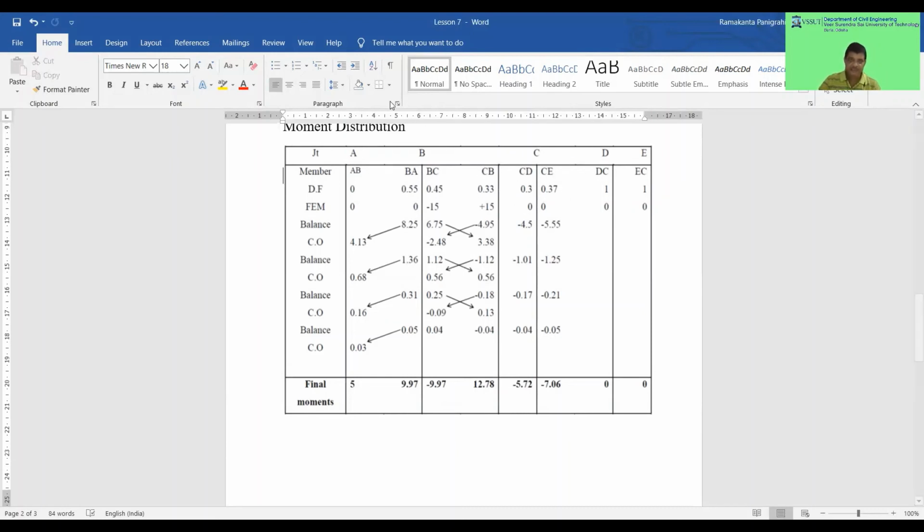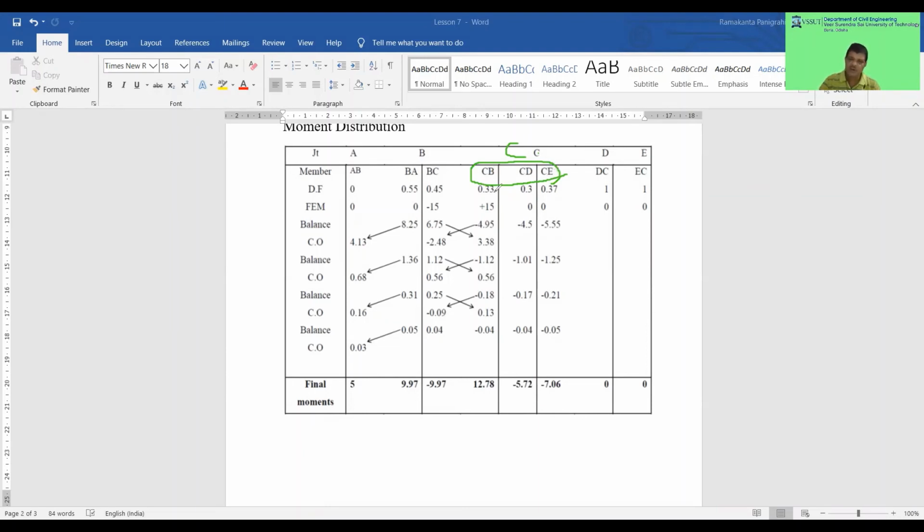These three members come under joint C, right, the center. Now, whatever unbalanced moment comes at the joint C will be distributed to the members CB, CD, and CE by multiplying by their distribution factors.